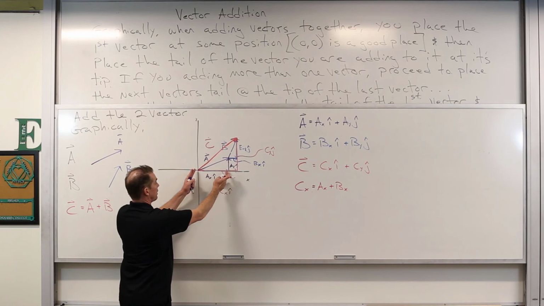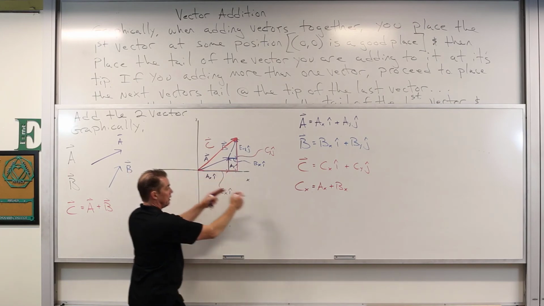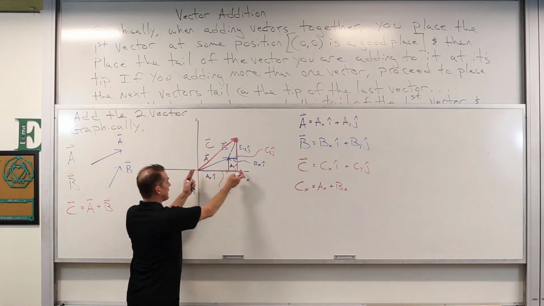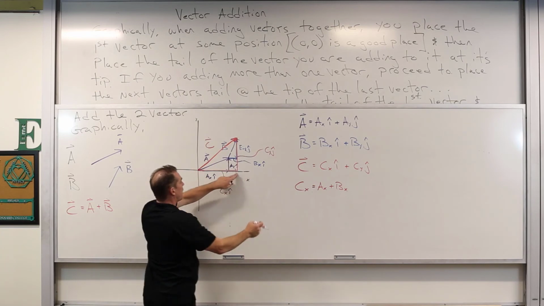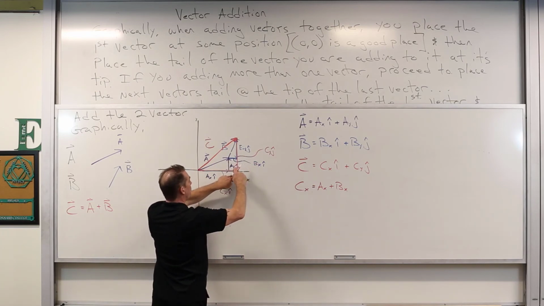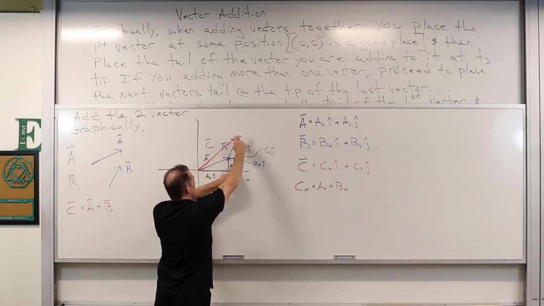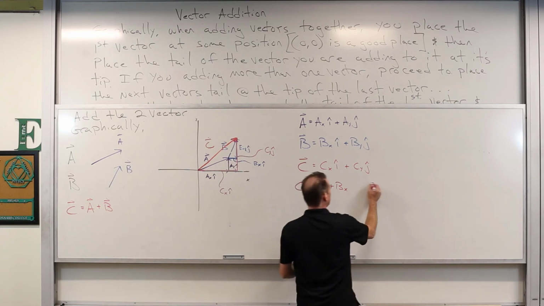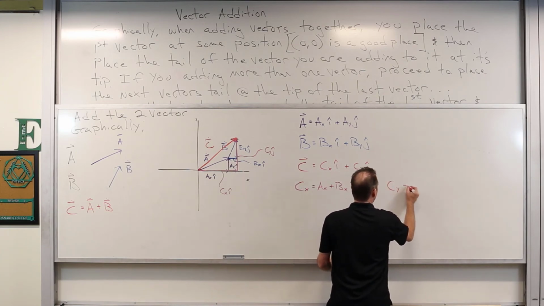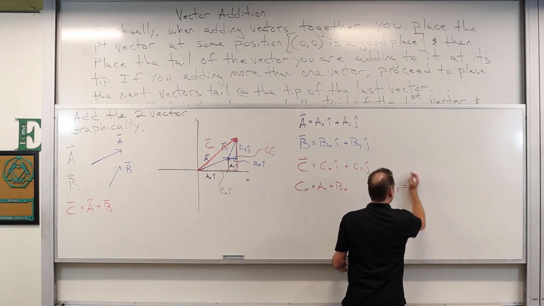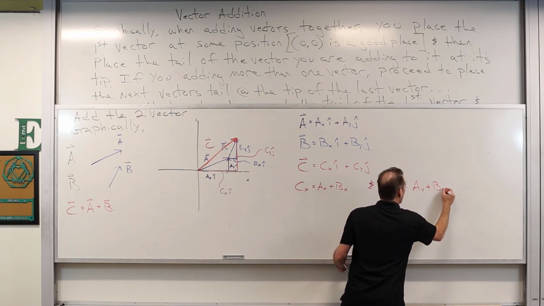That's it. Just take the x components of A and B, add them together, and we've got the x component of C. Likewise, if we want C sub y, that is some A sub y. We go up A sub y, and then we go up more B sub y. And there's our total C sub y. So C sub y is equal to A sub y plus B sub y.